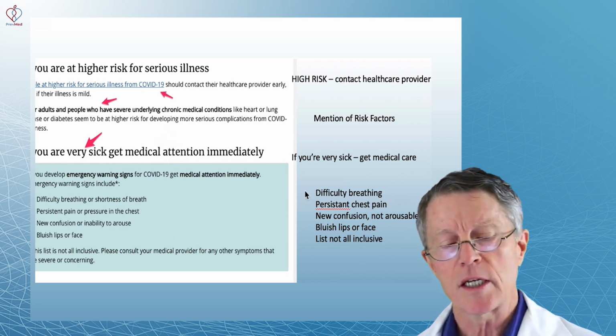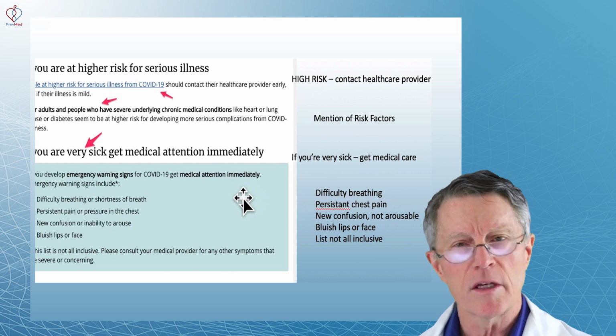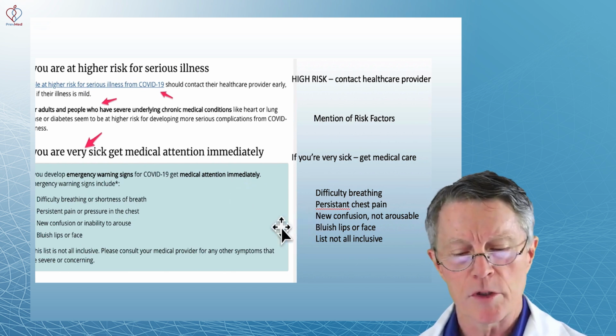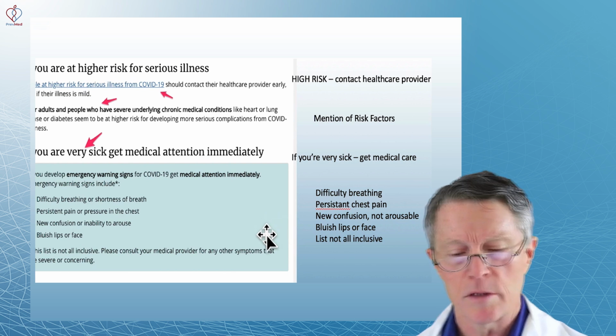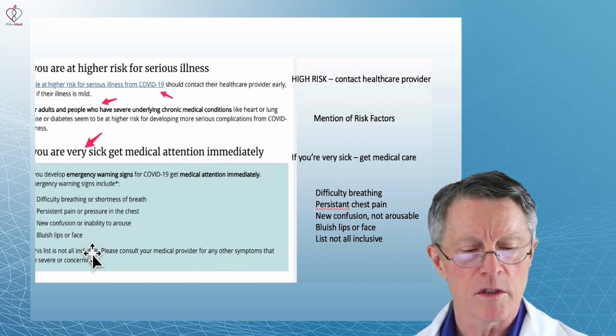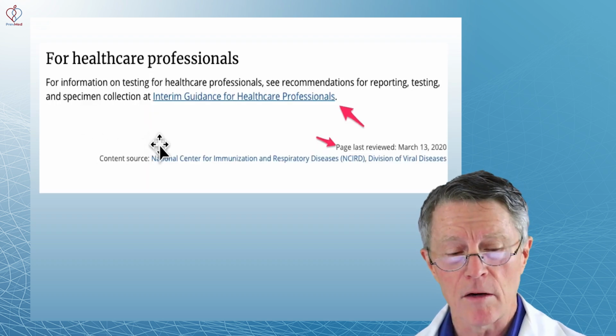Now, it goes on to say, look, if you're very sick, go get medical care. For example, if you have difficulty breathing, persistent chest pain, new confusion, if you're not arousable, bluish lips or face. This list is not all inclusive. In other words, if you're having emergency symptoms, go get emergency care.